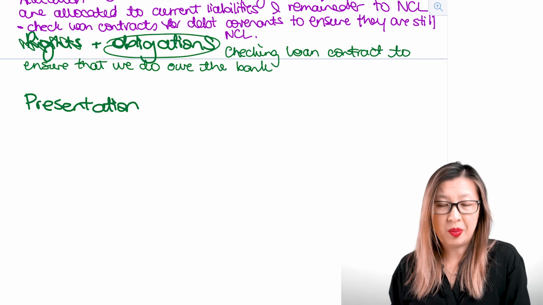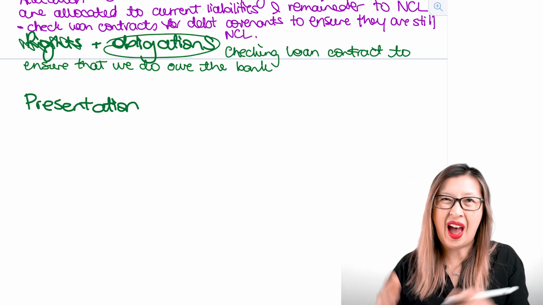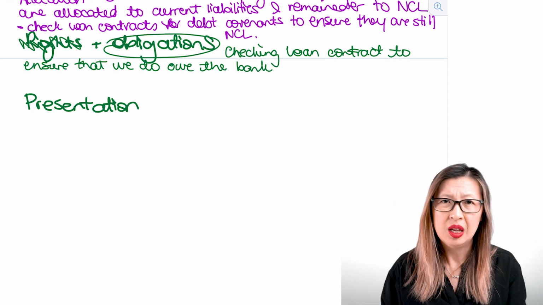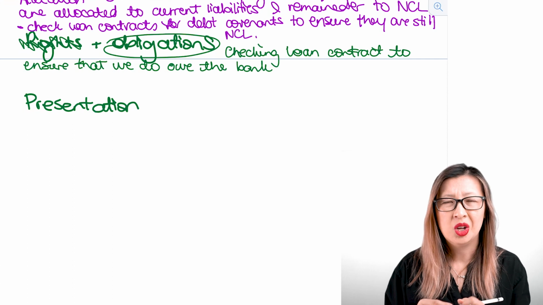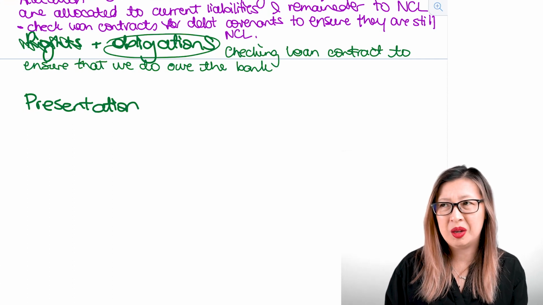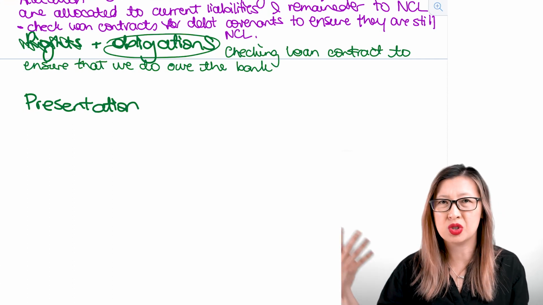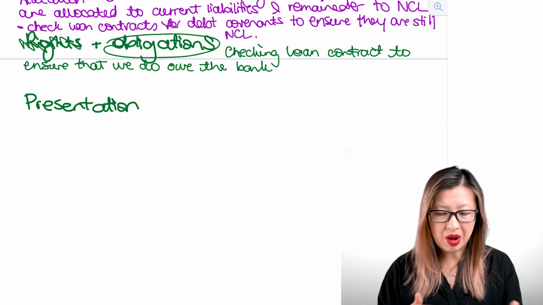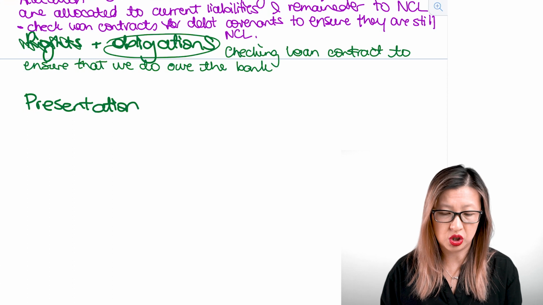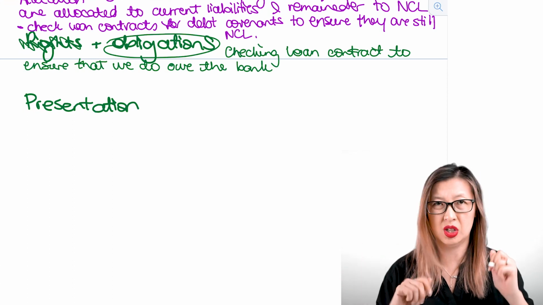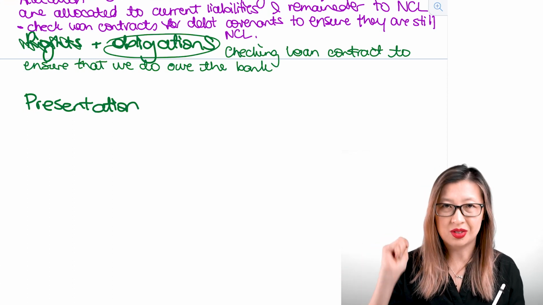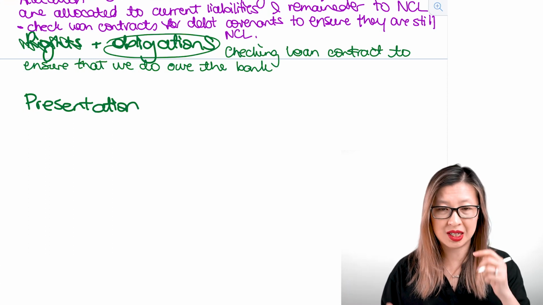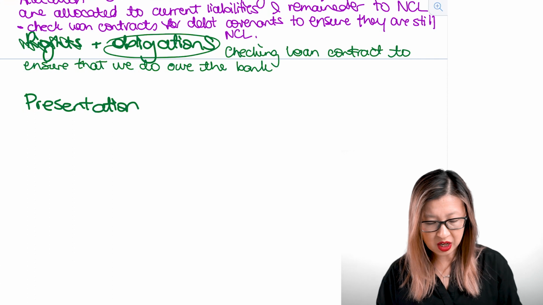Now, having an obligation is pretty easy. As soon as you sign the contract, you've got the obligation, but there might also be some terms that say, we're going to lend you the money, but we're not expecting it paid back for a certain period of time. So there could be some things in the contract that might affect our obligations assertion, but it should mostly be, yep, they have a loan. As soon as the loan is made, then we have that obligation. So the loan contract is there to prove that we have the obligation.